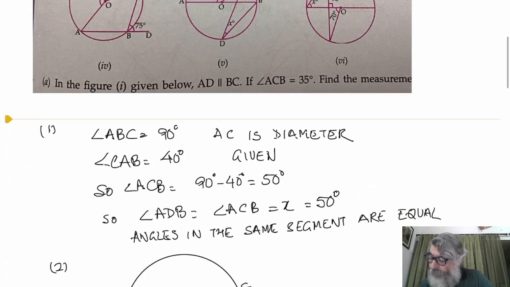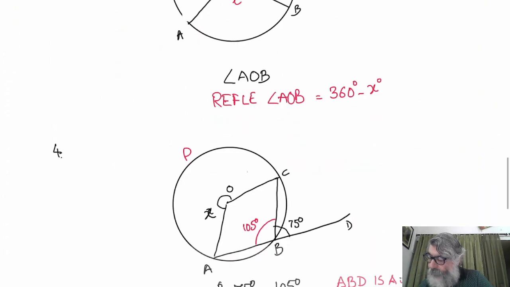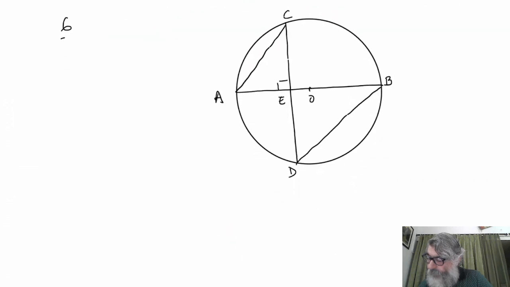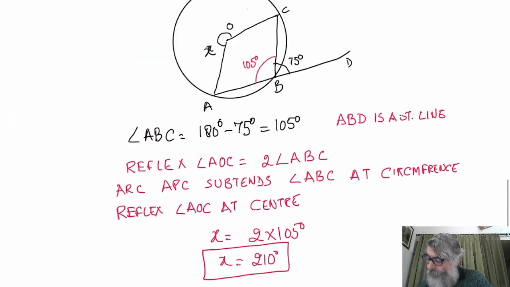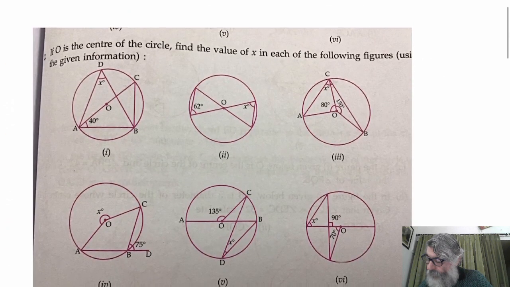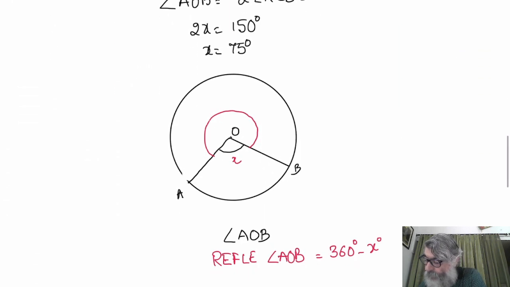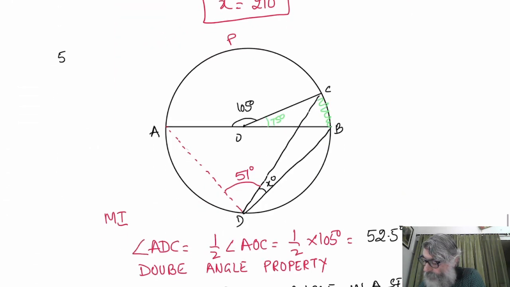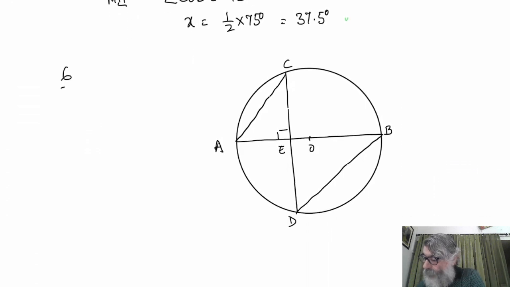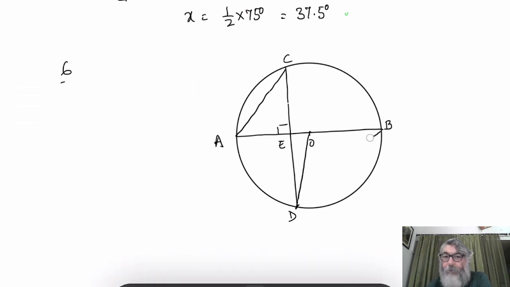Which angle is 70? Have I made the right figure? No, I have not made the right figure. It is joined to O here. And this line is not there. Is that clear?